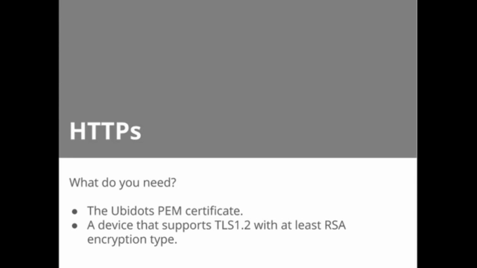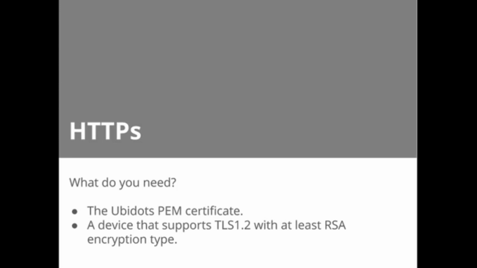So basically, what does HTTPS need? First, you need the Ubidots root certificate. You can download it from our official docs. And you also need a device that supports TLS 1.2. TLS is an encryption protocol, and your device should support at least RSA.